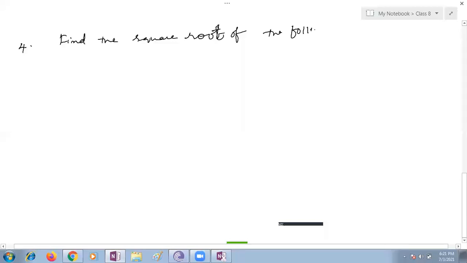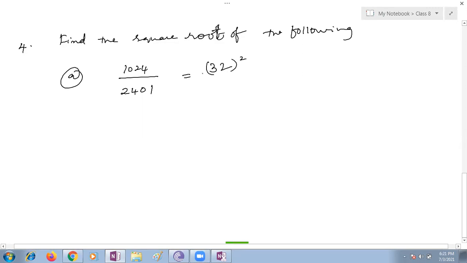What is the first number given? 1024 divided by 2401. The square root of 1024 is 32, you know, because 32 multiplied by 32 gives 1024. The square root of 2401 is 49.